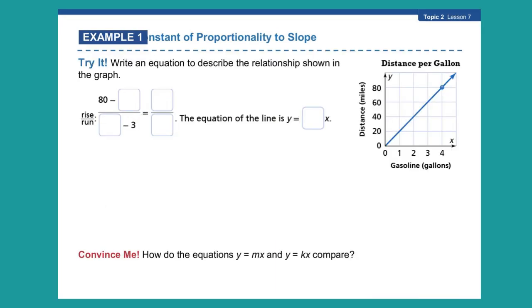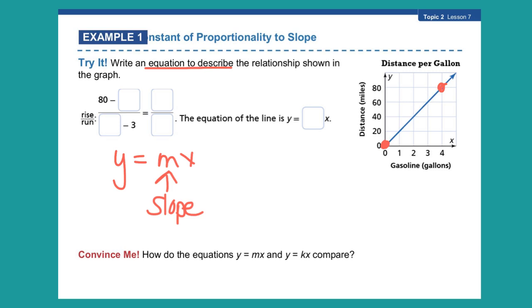This is the try it on page 134. Write an equation to describe the relationship shown in the graph. All right, so if you remember, my equation is y equals mx, where m is my slope. You could call it a constant of proportionality. You could call it a unit rate, whatever you want to call it. So I am going to use 0, 0, and I'm going to use this graph to help me.